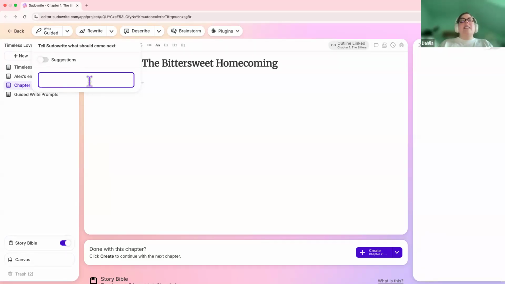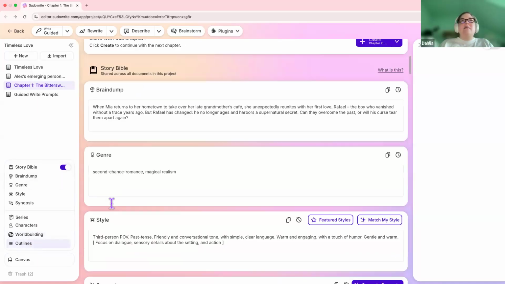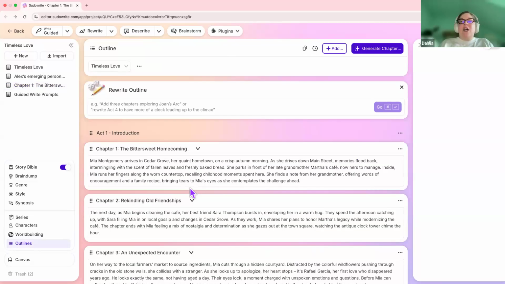And what's also nice, if a guided write prompt isn't detailed enough, it used to be a problem when the box was smaller. Now it's not so much a problem anymore, but you can still rely on the AI looking at your outline if the chapter is linked for context.